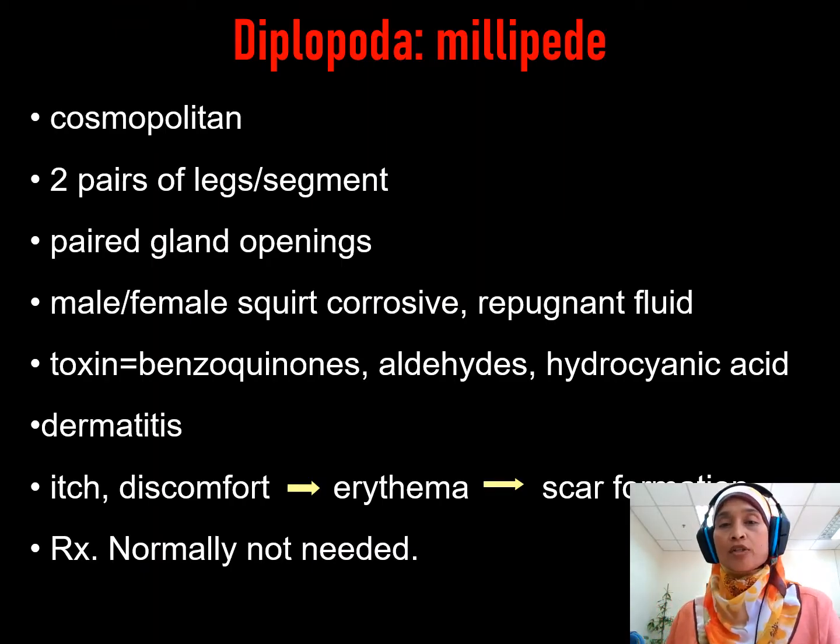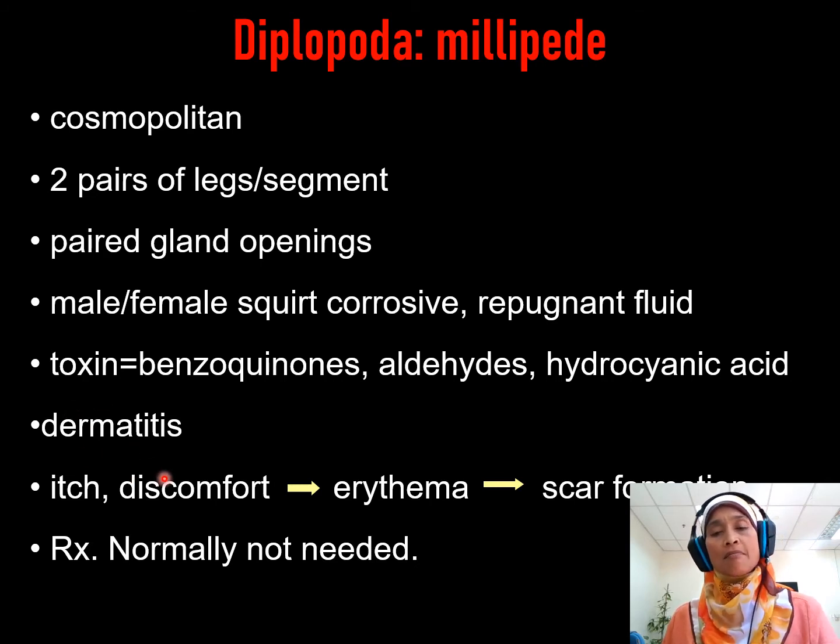The millipede, when left unthreatened, is of no harm to humans. However, if the millipede is crushed, a toxin will be released, and these are the types of toxin present in the body of the millipede. These toxins, when in contact with the human skin, can cause dermatitis.